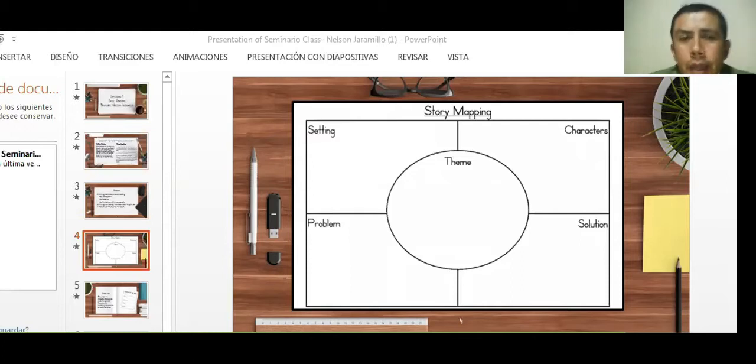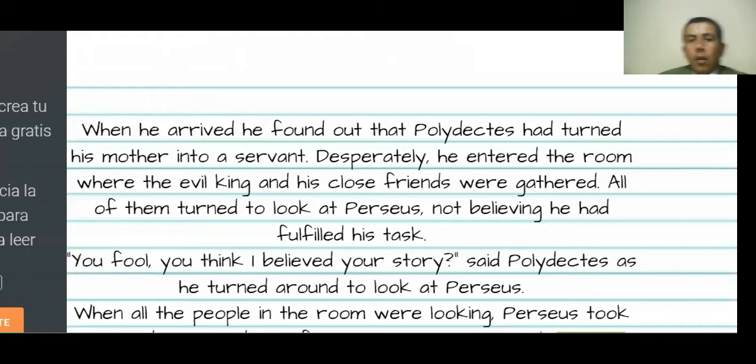In this case, Polydectes has fallen in love with Danae. He wants to get Perseus out of the way, so he sends Perseus to the test of killing Medusa, believing Medusa will end up victorious and Perseus will die and be out of his way. Another student who wants to read the end of the story, okay, you go ahead.